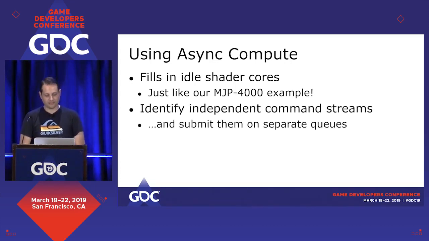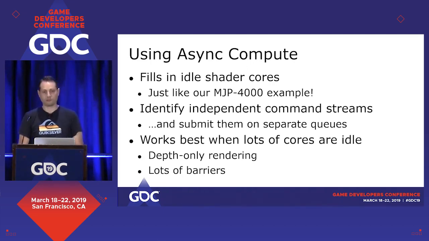To do that, you also want to identify your independent command streams, because those are your opportunities to submit work on separate queues. What we want to look for are longer streams of commands that don't have dependencies on each other, but may have dependencies within a single command stream. Like I showed before, your bloom and depth of field were perfect examples of that.